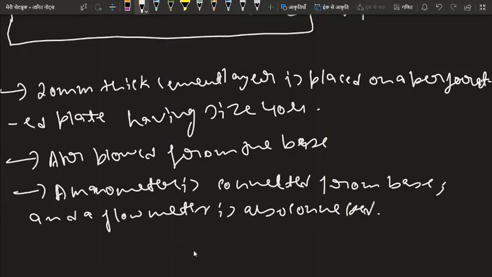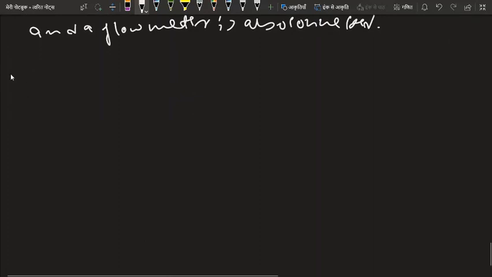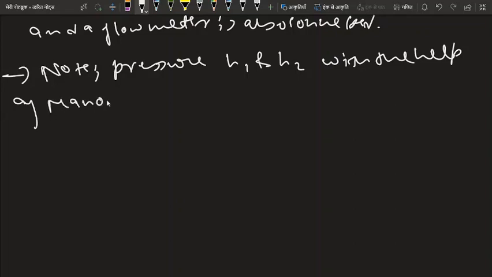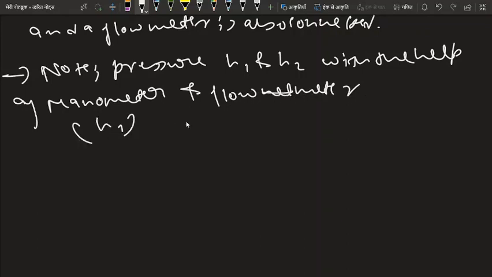Then we note the pressures H1 and H2 with the help of the manometer and flow meter. We get H1 from the manometer and H2 by reading the flow meter.